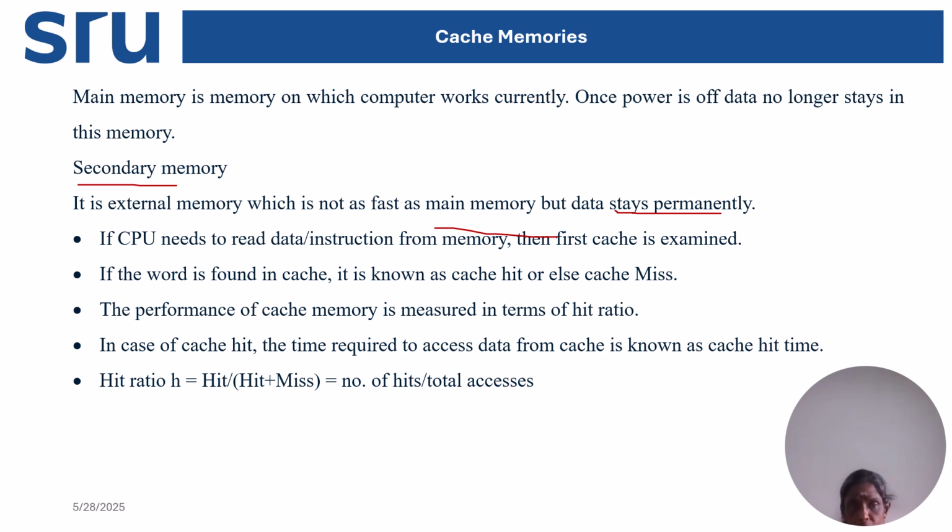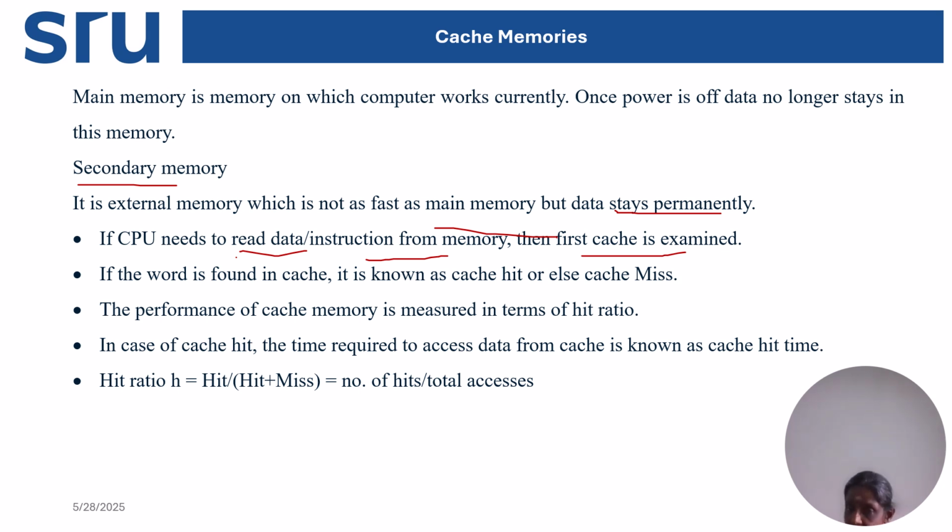If the CPU needs to read data or an instruction from memory, first the cache is examined. Whenever the CPU, while executing, needs data immediately, it will not go to the main memory.